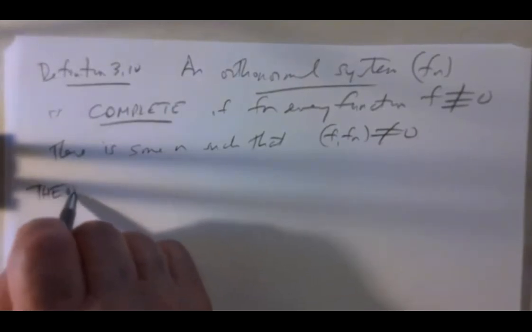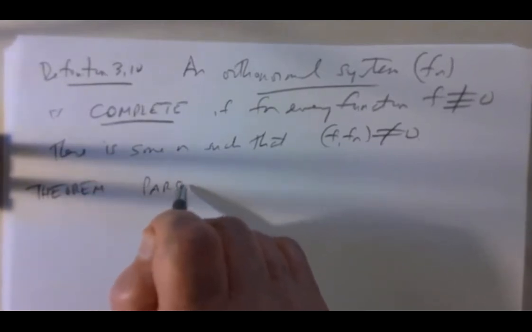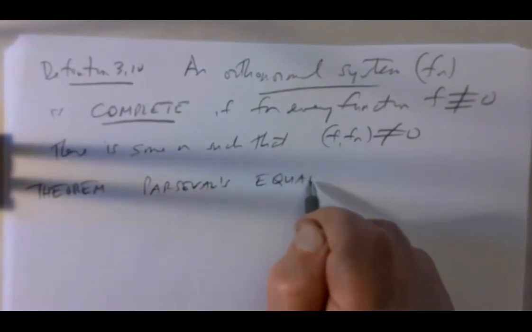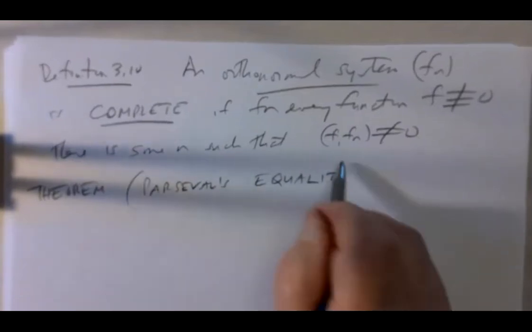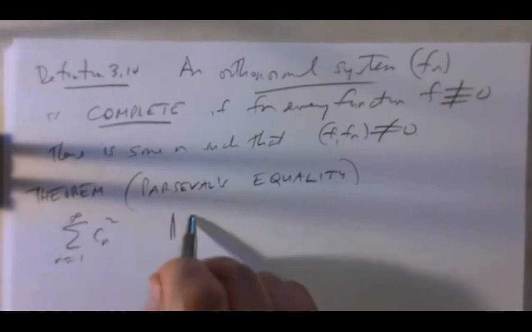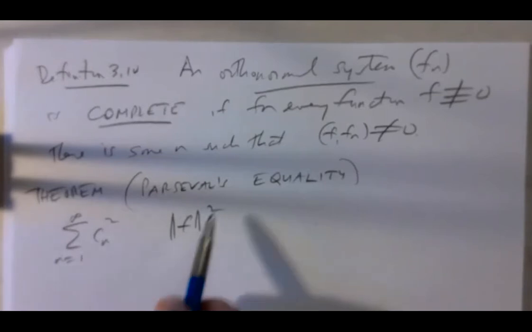And there's a theorem, which I'm not going to prove. It's not hard. It's called Parseval's equality. So we already showed Bessel's inequality, that the summation n goes from 1 to infinity of cn squared is always less than or equal to the norm of f squared.